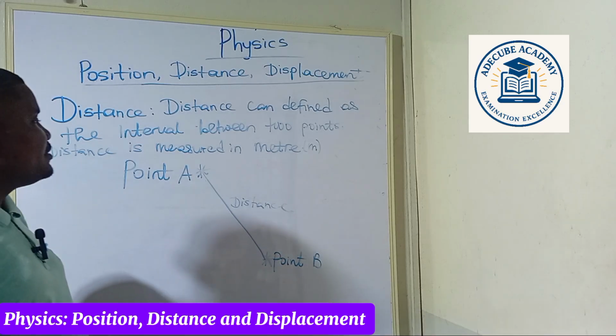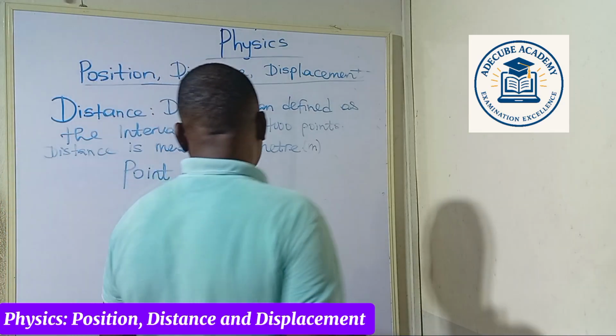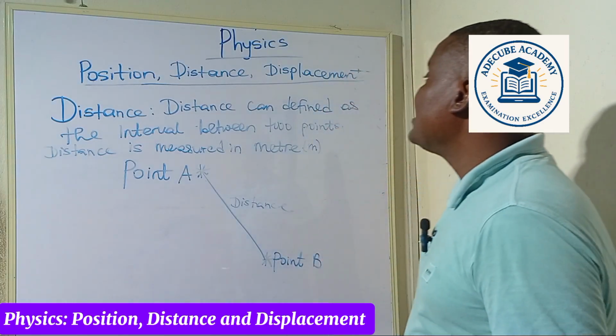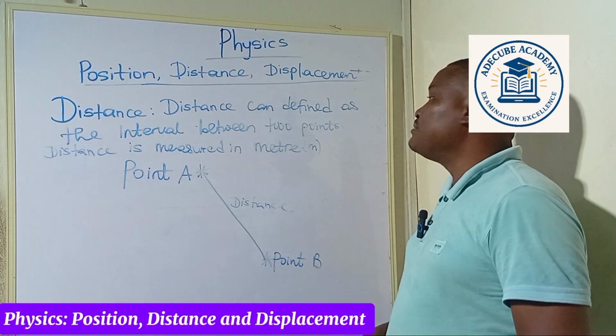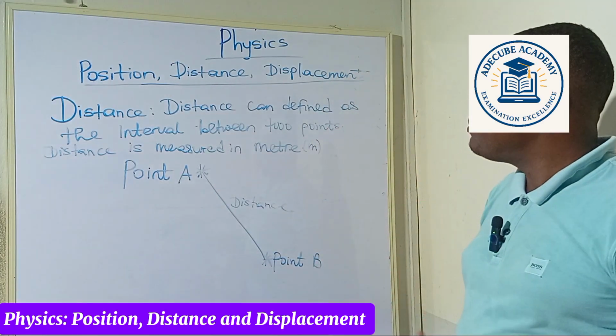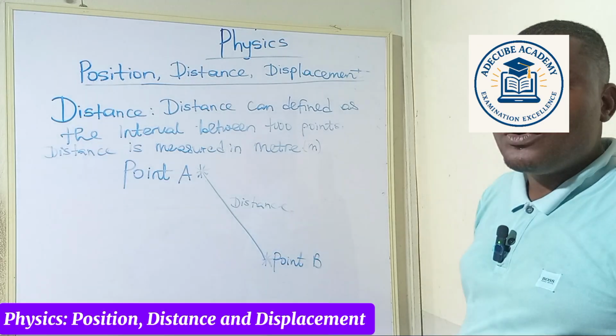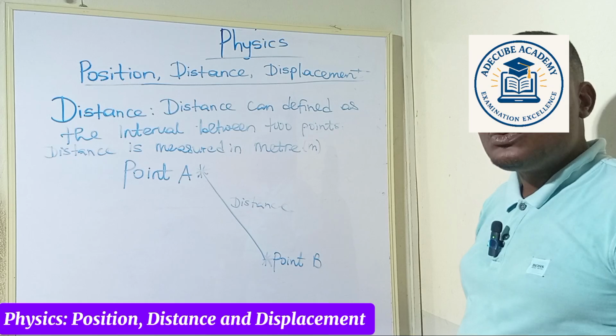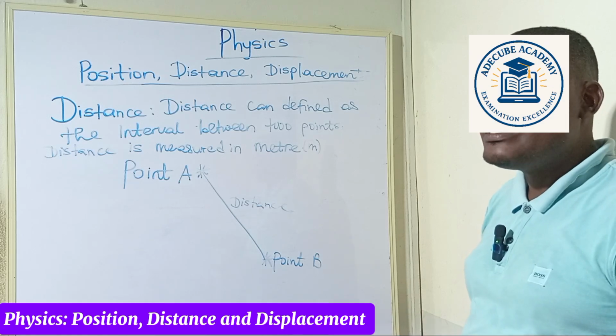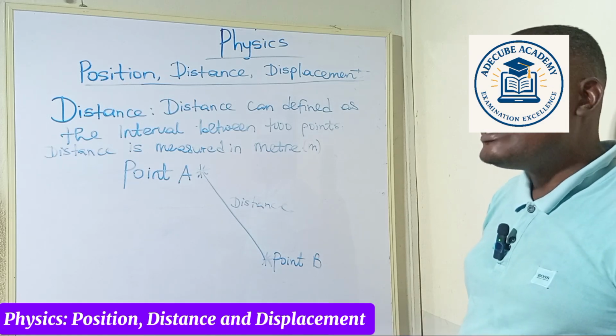We define distance again as the interval or spacing between two points, point A and point B. The interval between point A and point B is referred to as distance.